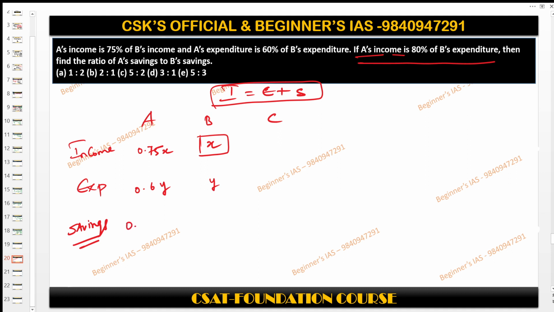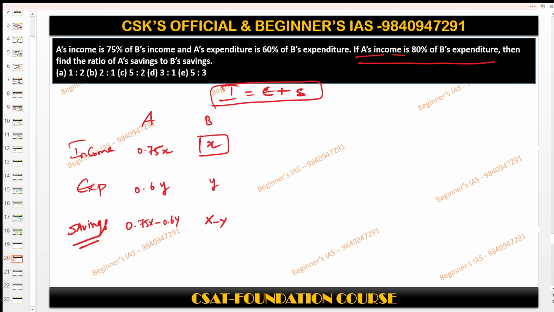So can you say this one as 0.75x minus 0.6y? So this is B's saving, x minus y. Everyone understood up to this? Yes, sir. Okay.